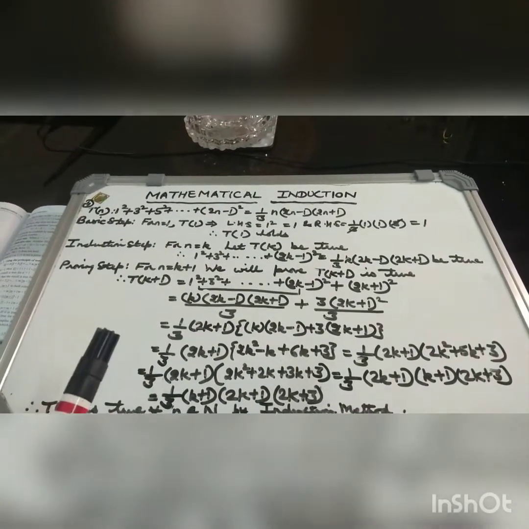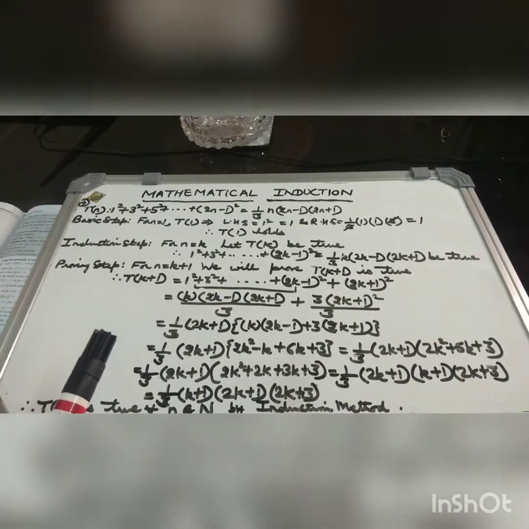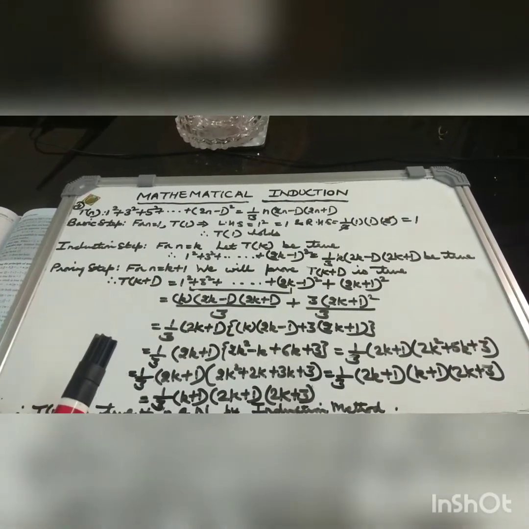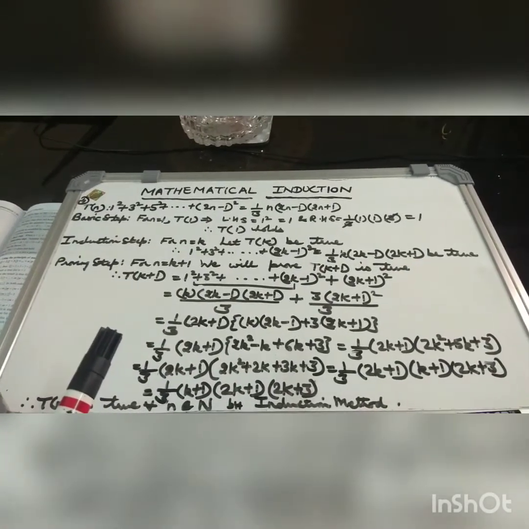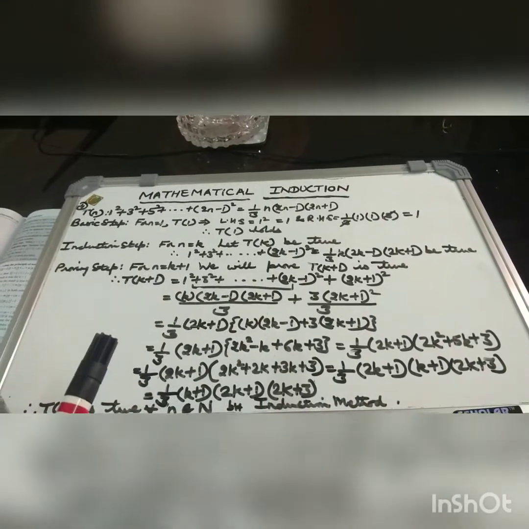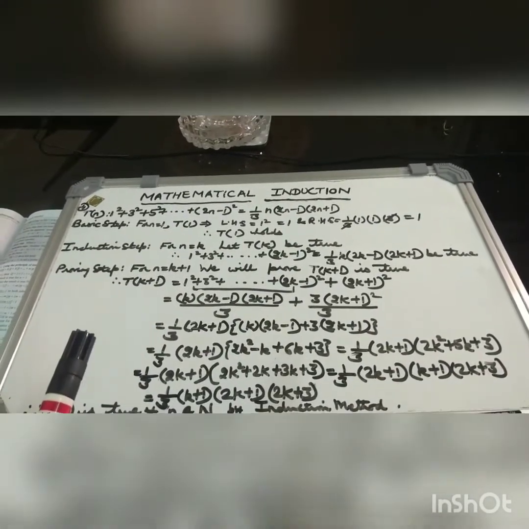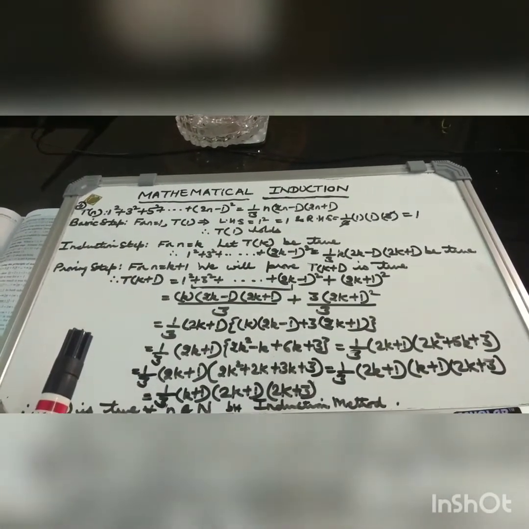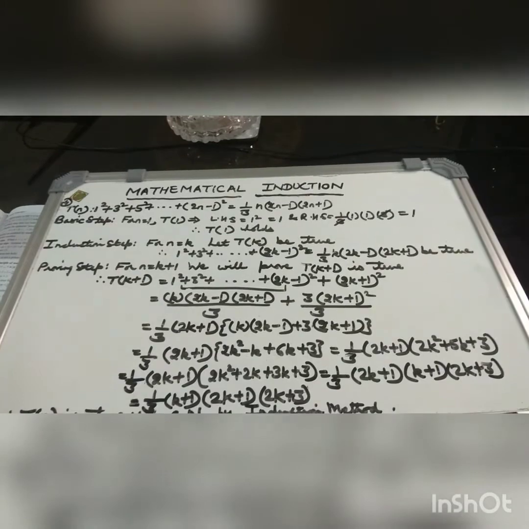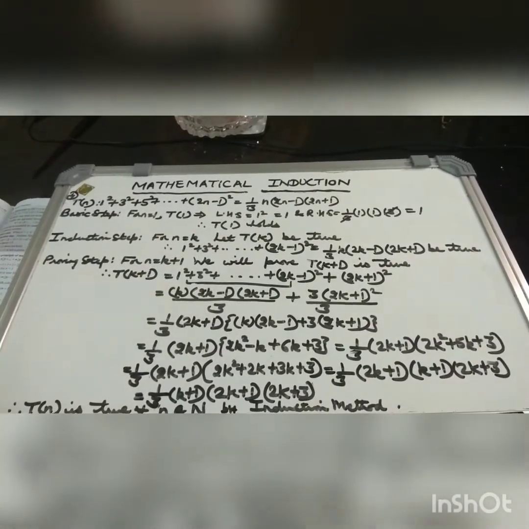I hope you are trying your level best to understand, because now onwards questions are difficult. You have to have the proper knowledge of algebra as well as the other basic concepts to be clear. Then only you can approach this type of question. We will do one more question like this. Let's see.